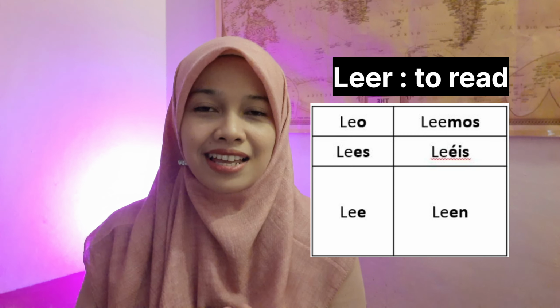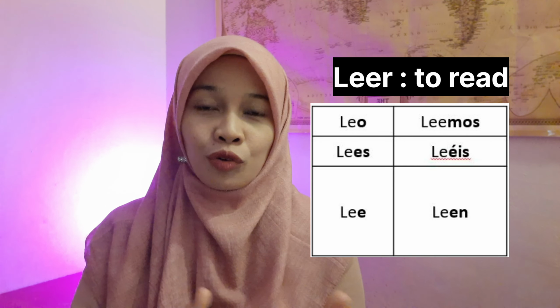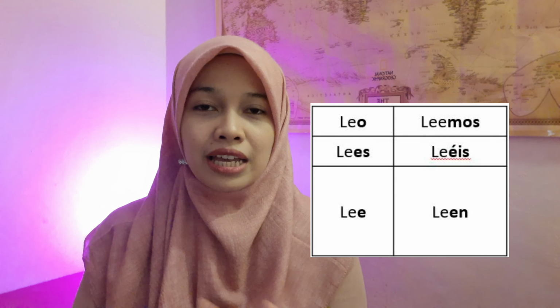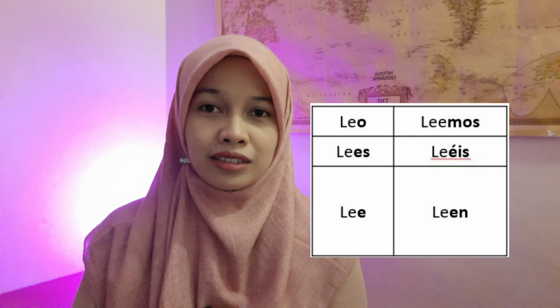And then we have another colloquial verb in Spanish too. It's leer, to read, right? Yo leo un libro. Tú lees una novela, novel. Él, ella, usted lee, and then nosotros leemos una noticia, a news.